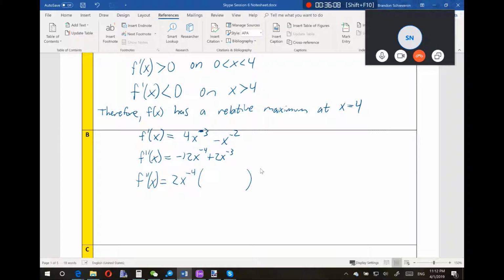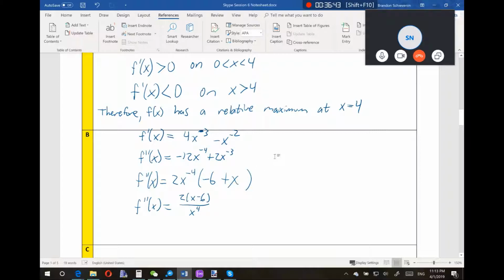Just negative 12. Okay, so I'm pulling out 2x to the negative fourth power, so that's going to give me a negative 6. If I pull out 2x to the negative fourth power from 2x to the negative third power, what will I be left with? x. Perfect. So if I rewrite this, 2 times x minus 6 over x to the fourth power.